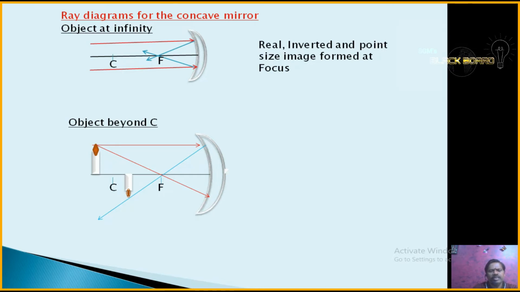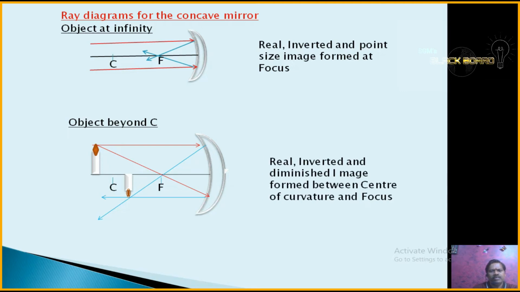And the other ray we are taking through the focus. After reflection it passes parallel to the principal axis. These two reflected rays intersect where we get the inverted image. So a real, inverted and diminished image is formed between the center of curvature and the focus.